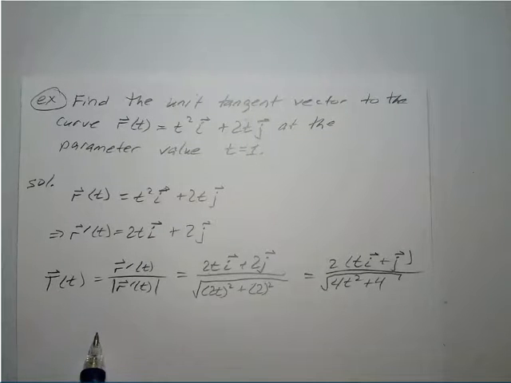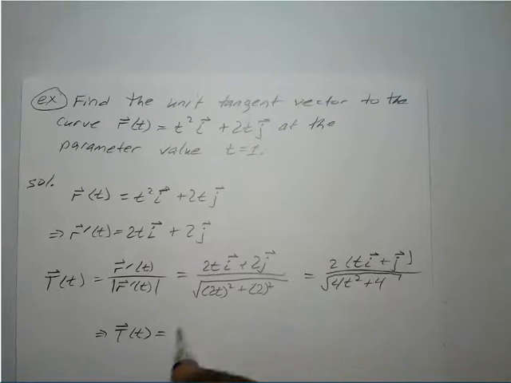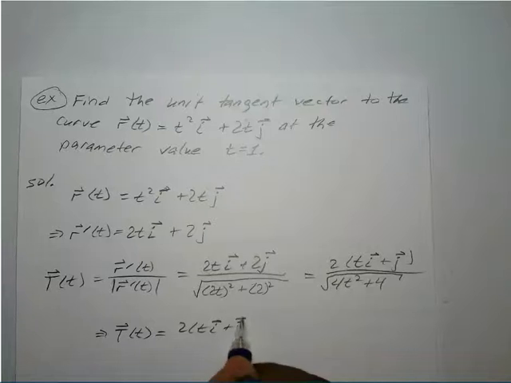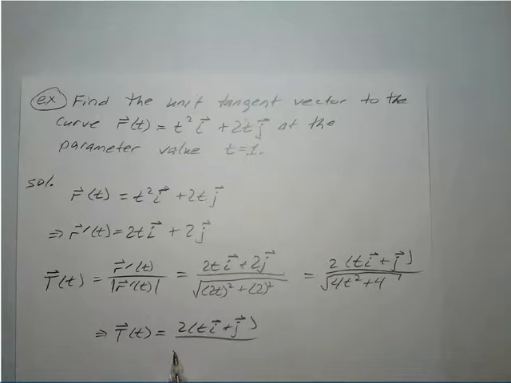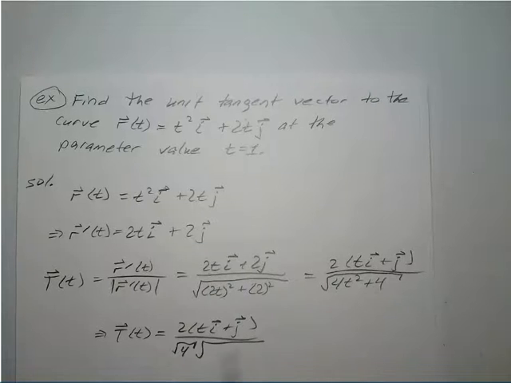Continuing on the next line, we have 2 times t times i vector plus j vector over, we can factor 4 out of both of those. So that would be the square root of 4 times the square root of t squared plus 1.